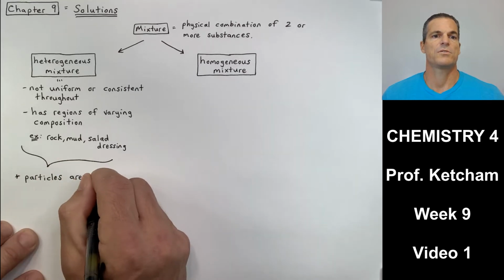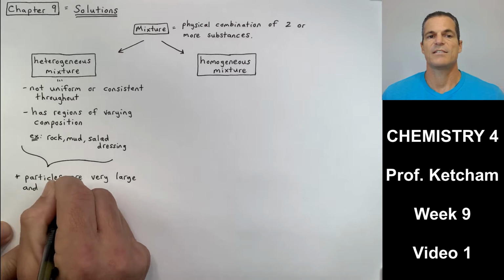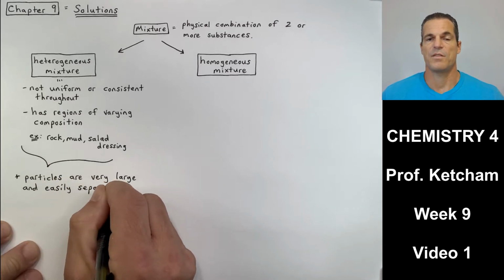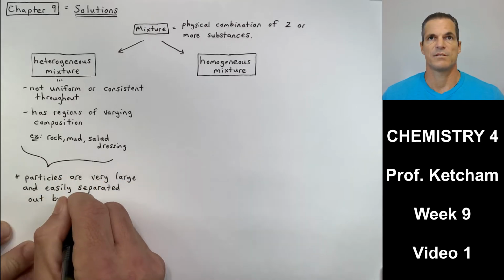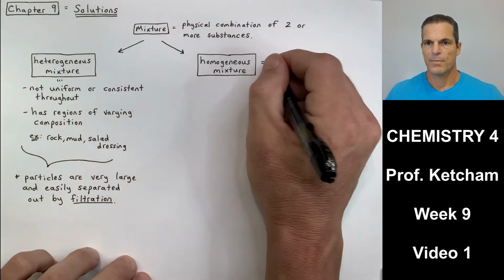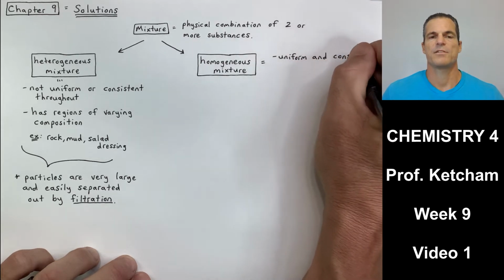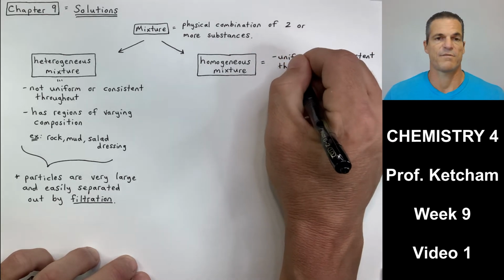The particles are very large and they're easily separated from each other by physical means, something like filtration or even using forceps and just moving different samples away from each other. So heterogeneous mixtures are not really the focus of this chapter.